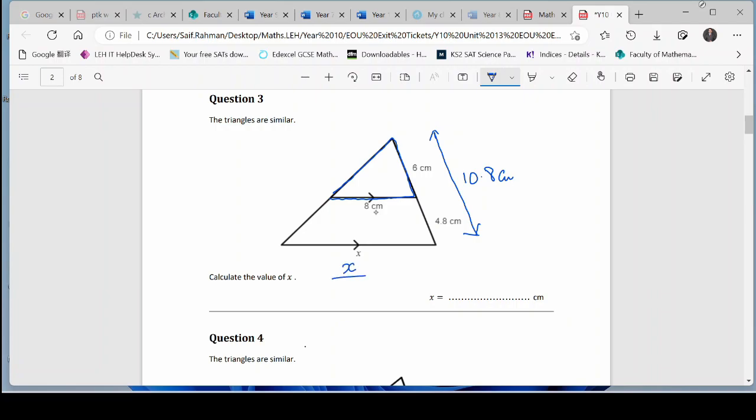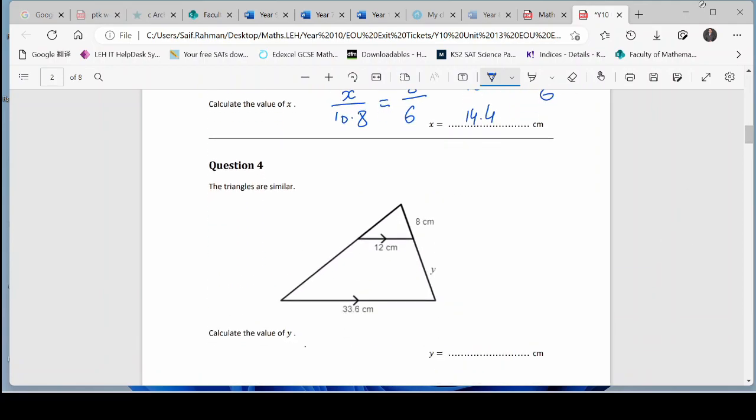So what we do is x, this side, divided by this whole big triangle side, that is 10.8, is equal to the same sides of the smaller triangle, 8 divided by 6. So we use the same rule, and x is equal to 8 times 10.8 divided by 6, which gives us x is equal to 14.4. So this is our answer.